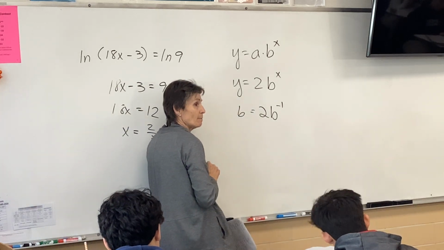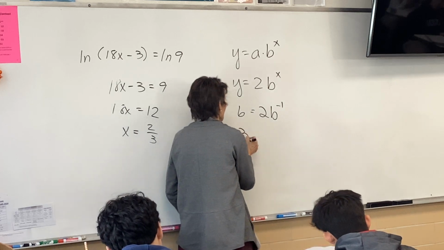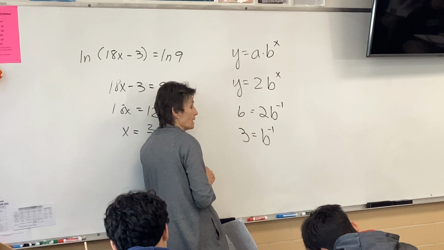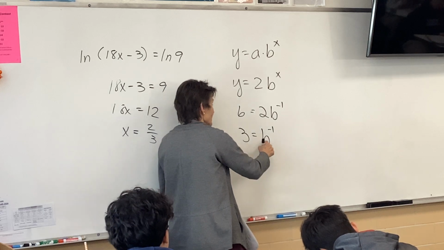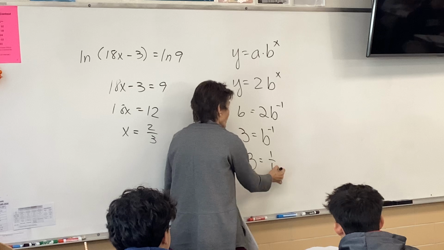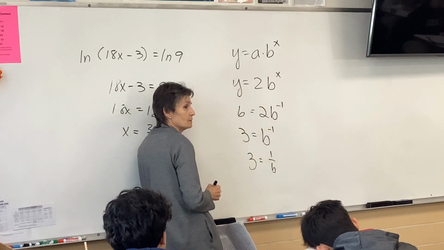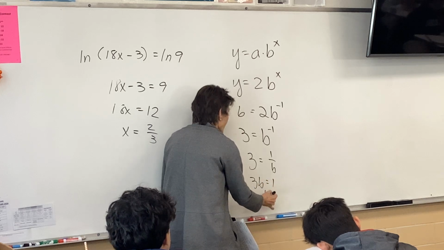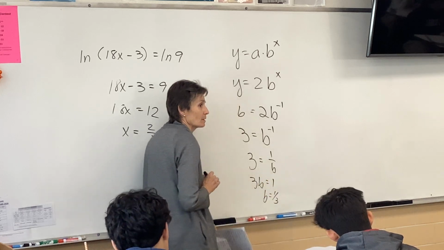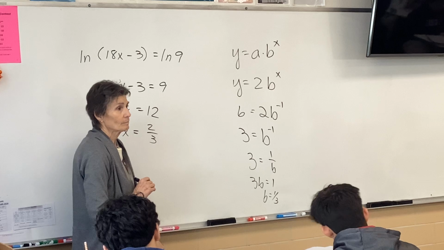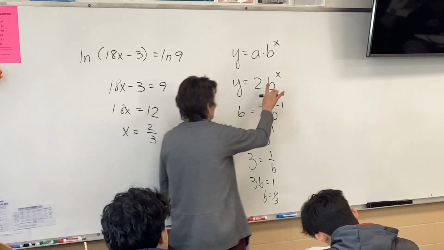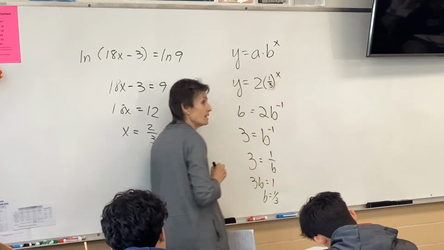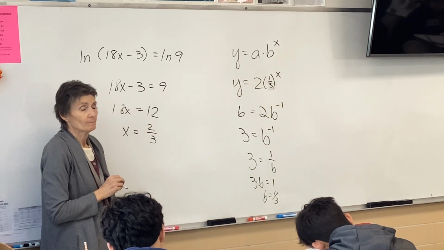So divide by 2. And then remember that b to the -1st means 1 over b. So it looks like b equals 1/3. So your answer, let's put 1/3 in right there, and you're good.